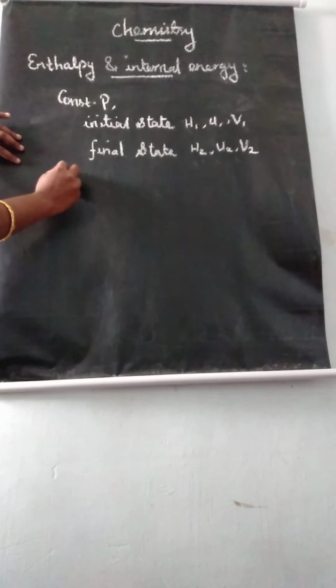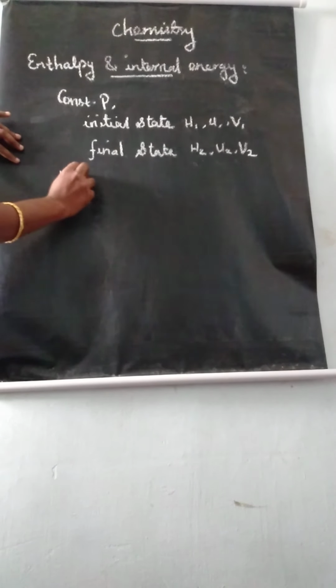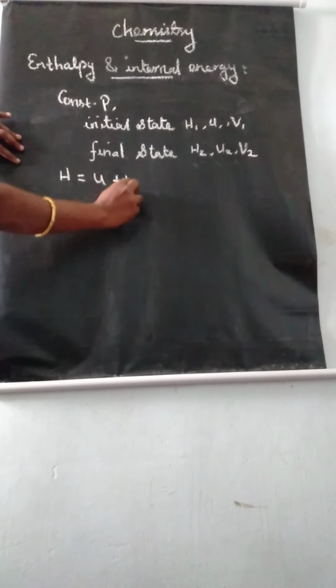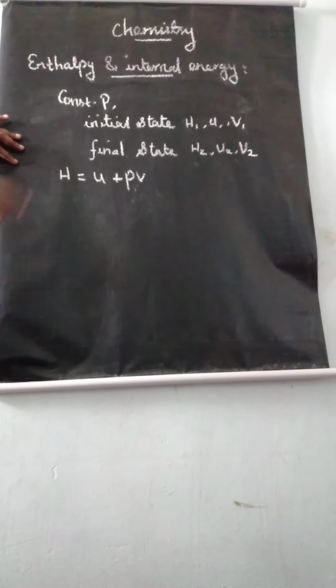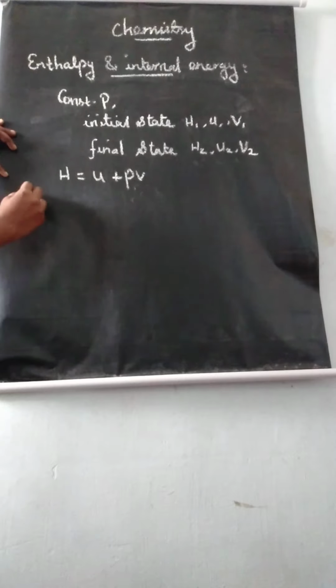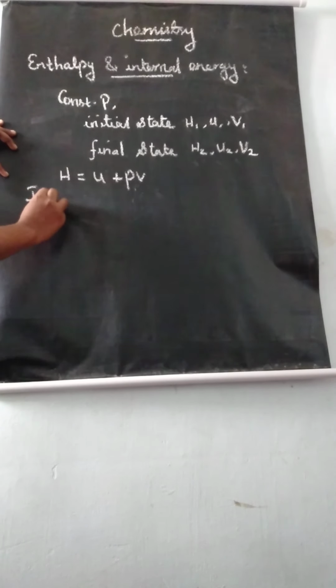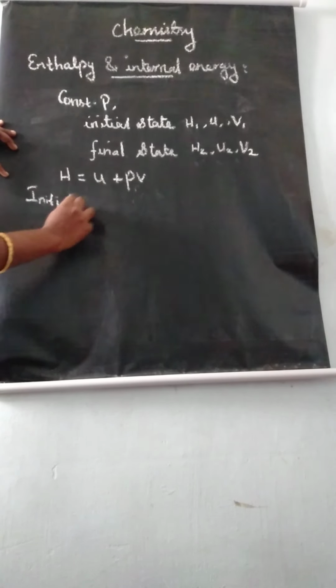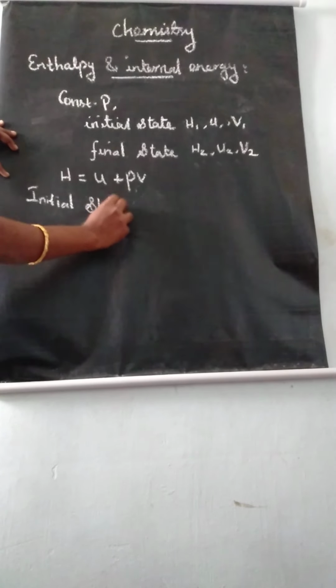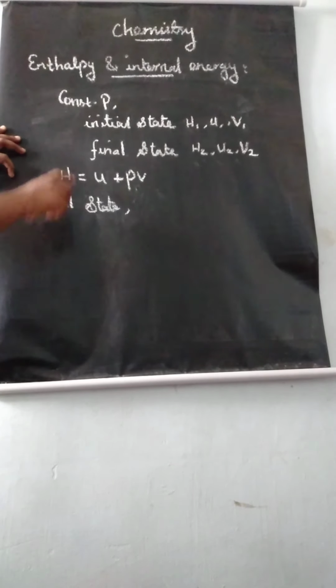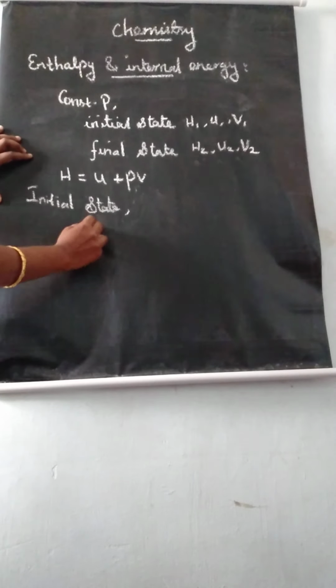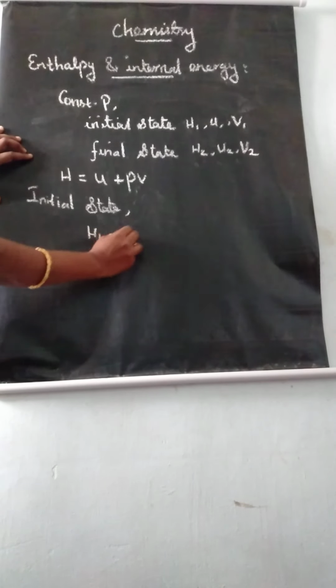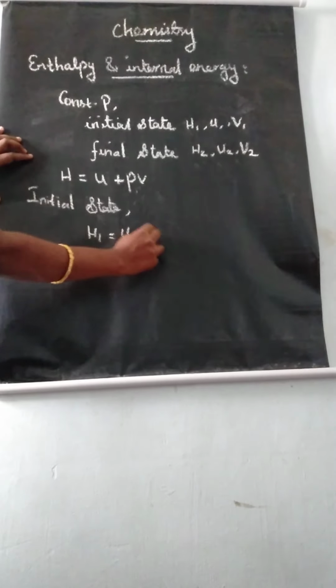V2. Now listen, you already know the enthalpy formula: enthalpy H is equal to U plus PV. In the initial state we can write H1 is equal to U1 plus P into V1, since pressure is constant.